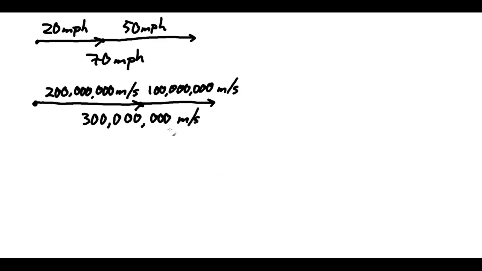However, if I have recalled my figures correctly, 300 million meters per second is slightly more than the speed of light. There is no way for an observer to see an object moving that fast. In fact, these two velocity vectors would sum to a velocity vector whose magnitude was a bit less than 300 million meters per second.